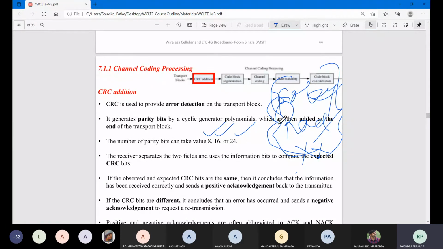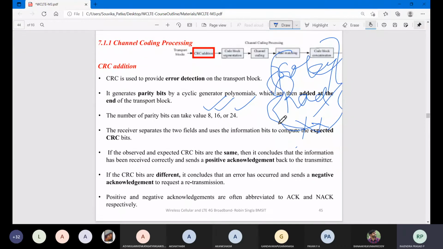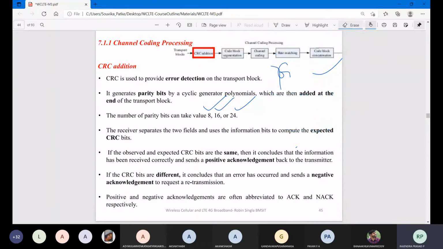So this CRC addition is only to protect your data, so that it cannot be lost or noise cannot be added. That is why we have this. Again, for this we will be sending an acknowledgement. What will be your positive acknowledgement? What will be your negative acknowledgement? All those steps we have discussed many times, so in detail I will not go into this one.